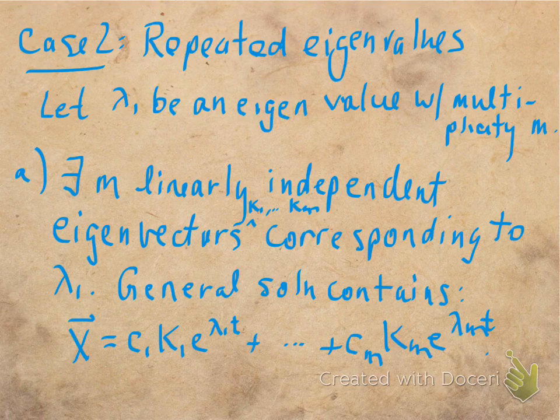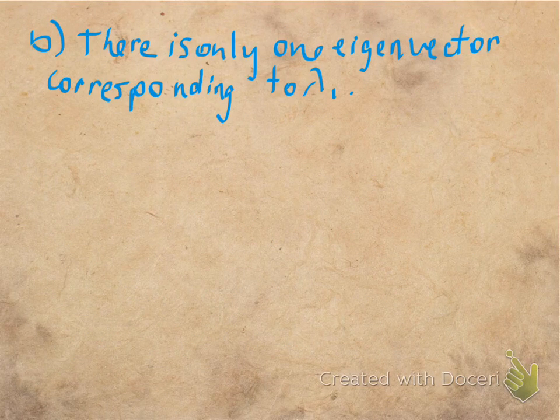Our general solution contains a term of the form c1 k1 e to the lambda 1 t plus c2 k2 e to the lambda 1 t, plus up to cm km e to the lambda 1 t, because we have m linearly independent eigenvectors.